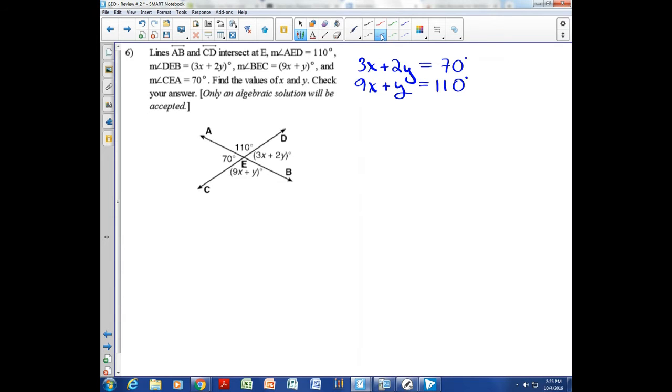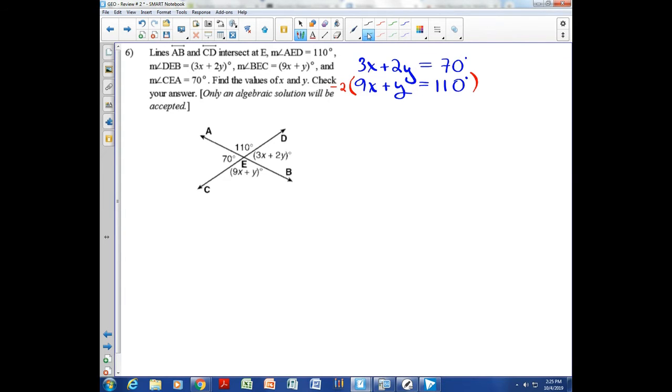So I'm going to put that entire equation in parentheses and change my positive y to a -2y by multiplying the equation by -2. Now, what makes that fair is that I'm going to distribute that -2 throughout the whole entire equation.